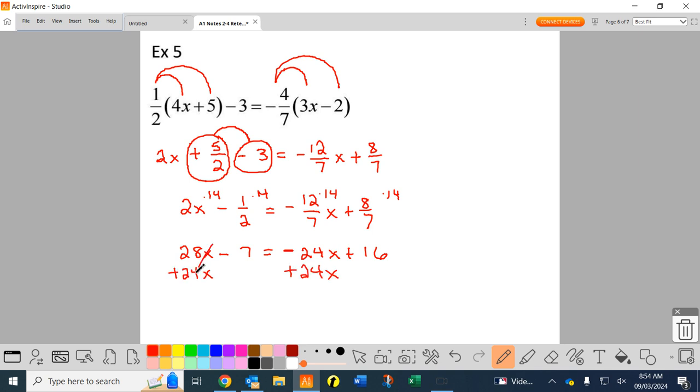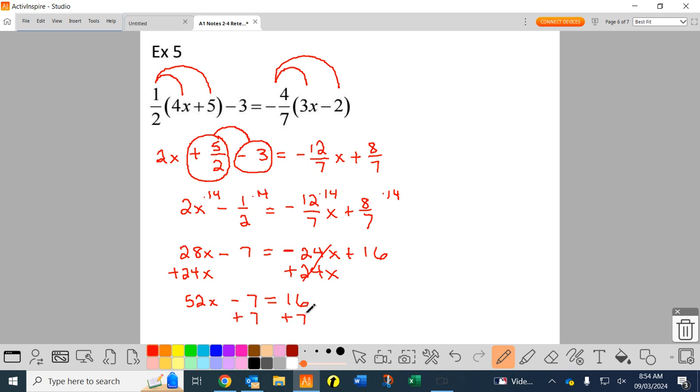28 plus 24 is going to give you 52x. Minus 7 equals 16. Ooh, this is going to be a fraction. We're going to add 7 because we got to get away from the 52x. Guys, you've got to move away from where the variable is. You don't have a choice. Once we get variables on this side, the numbers need to go to the other side.